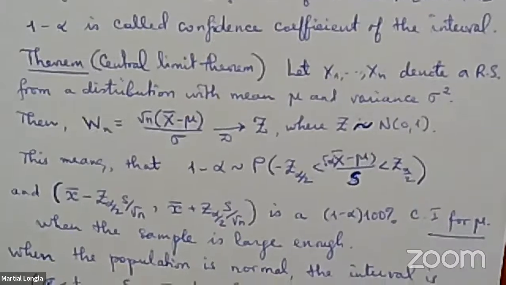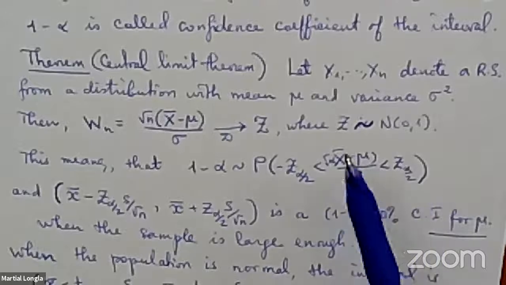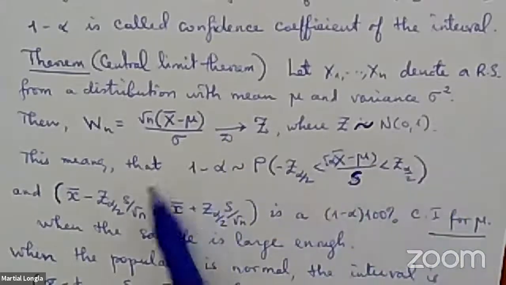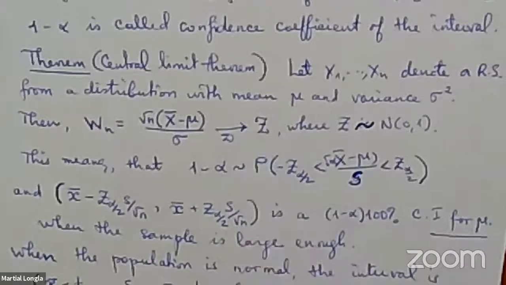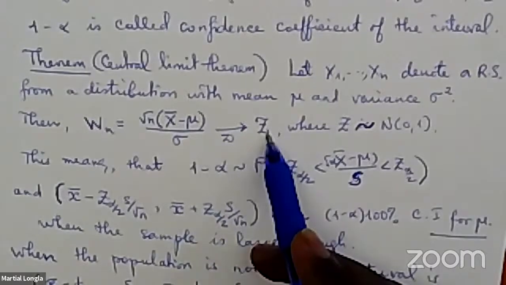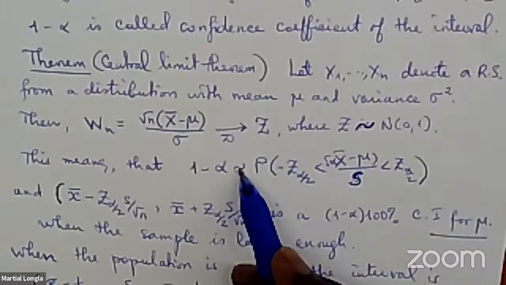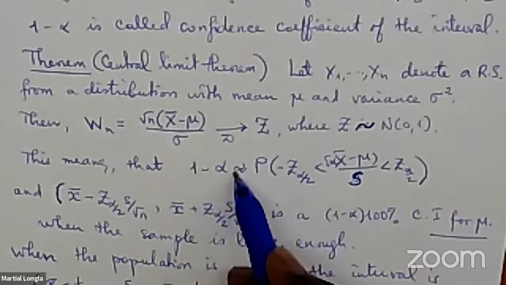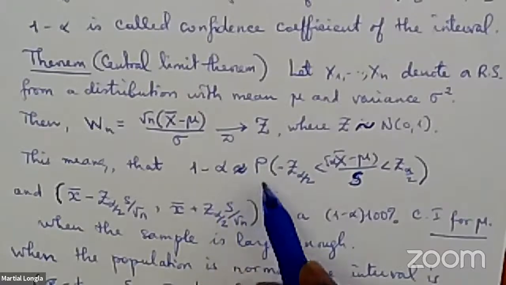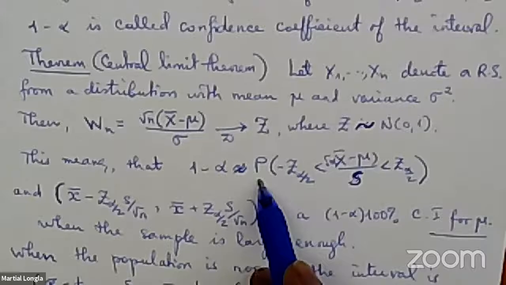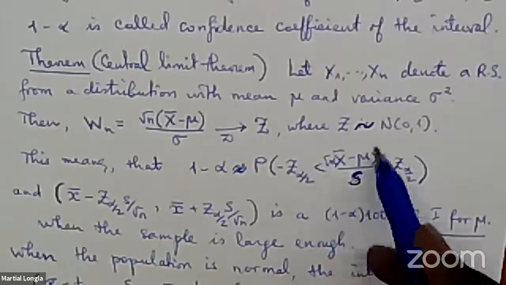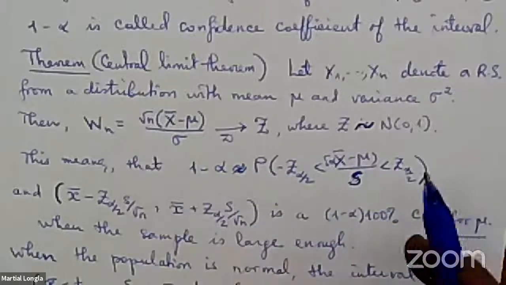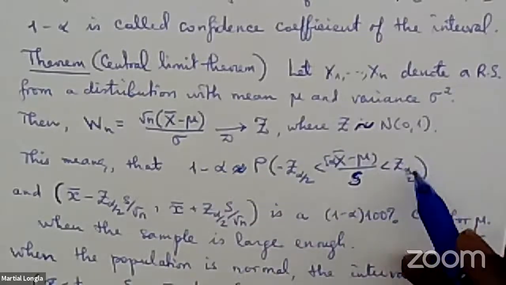And therefore, because of this theorem, you can build the confidence interval based on the standard normal. Because this grows to the normal distribution, 1 minus alpha is almost equal to the probability that negative z alpha over 2 is less than Wn, less than z alpha over 2.